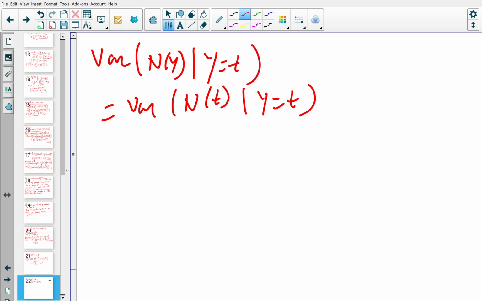Again, Y and N(t) are independent, so this is nothing but variance of N(t). Now N(t) is a Poisson distribution whose mean is lambda t, and we already know that if the mean is lambda t, then the variance is also lambda t. This was learned in the class long ago. Variance is also lambda t.